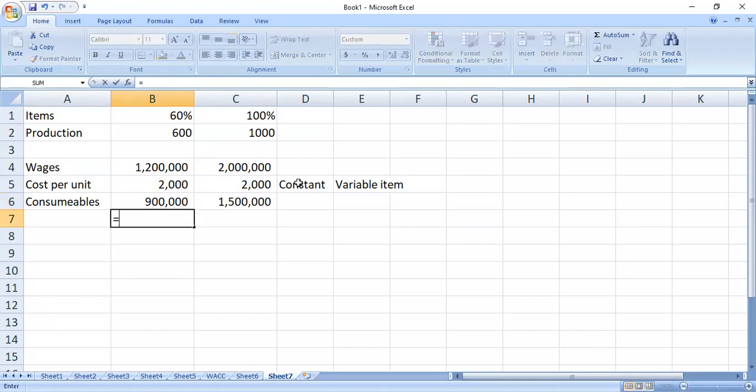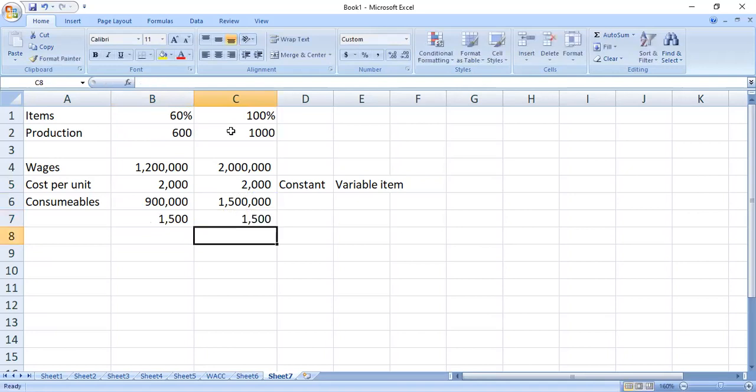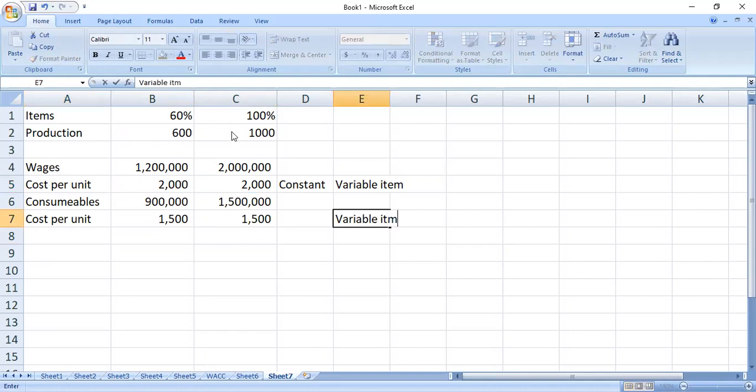Come and say the cost divided by the level of activity. Okay. 600. Then here, the cost divided by the level of activity. 600. So still here, the cost per unit of the consumable is constant at both levels, and therefore this must be a variable item.